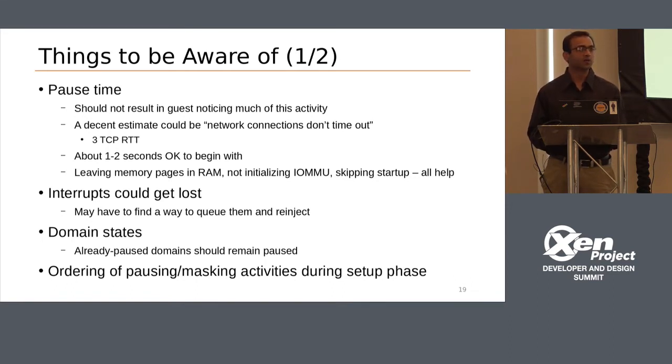We may have to queue them somehow and pass them on to the domains after the target Xen has taken over. Also, something about domain states. Once we have transferred control to the target Xen, unpausing all domains should not unpause an already paused domain. Minor things like these, we really need to be careful with.